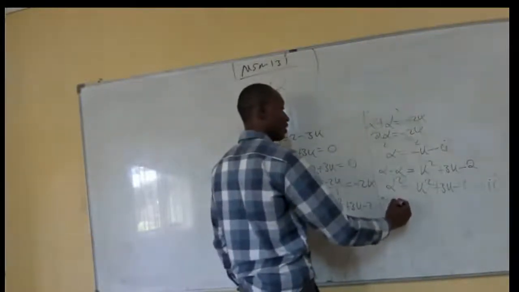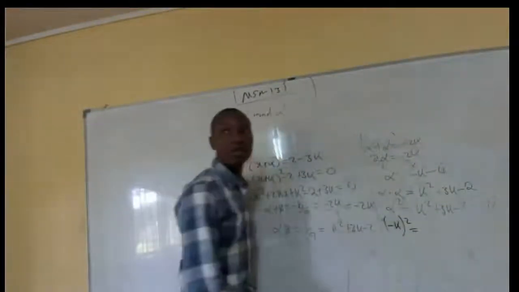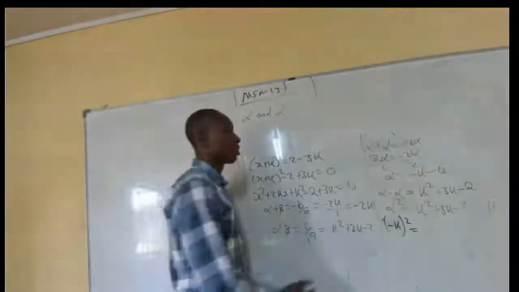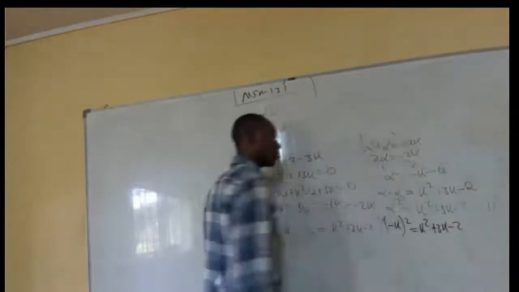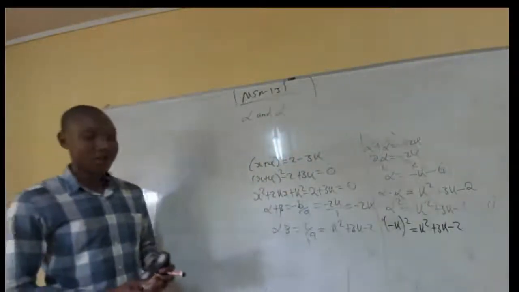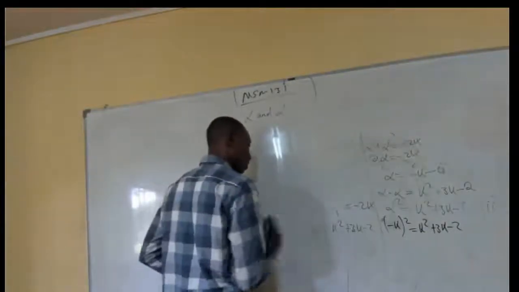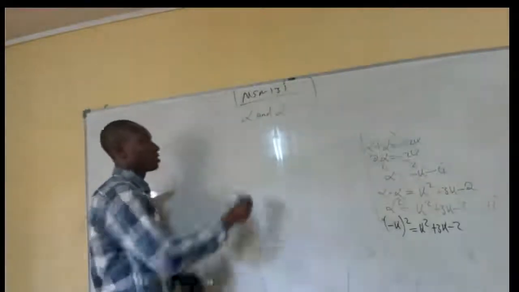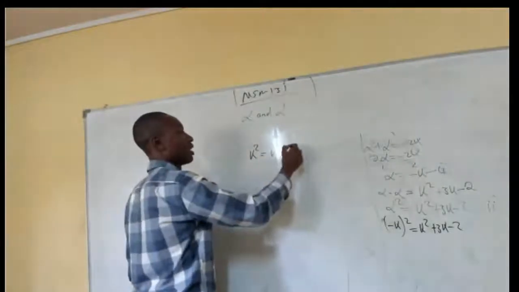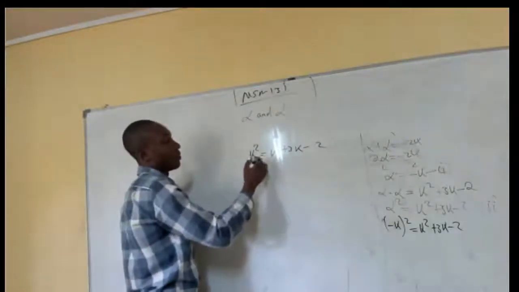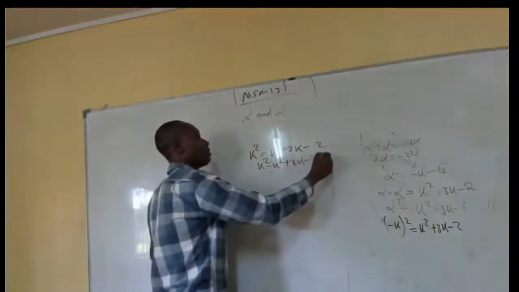We have negative k squared, which is k squared, equal to k² + 3k − 2. So k² is equal to k² + 3k − 2. Moving k² to the other side, we have k² − k² + 3k − 2 = 0.